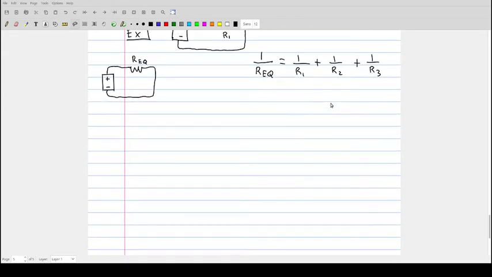Right? Instead of using R1, R2, R3, we'll simplify a little bit. We'll say that Req is the output, say, W. And then we'll just call R1 X, R2 Y, and R3 Z.